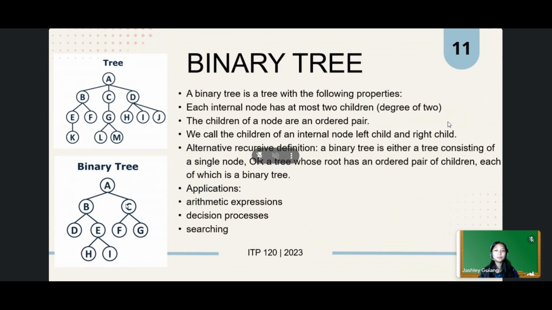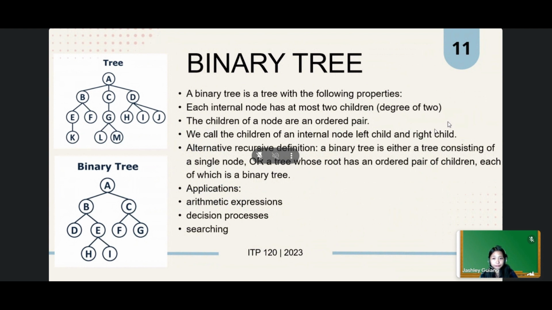In a binary tree, as you can see, it is called an ordered pair because it already has a format at the very top. A has only 2 children and B's children are only 2. It is an ordered pair. These two children are called the left child and the right child. So the D here is the left child and the E here is the right child of this binary tree.